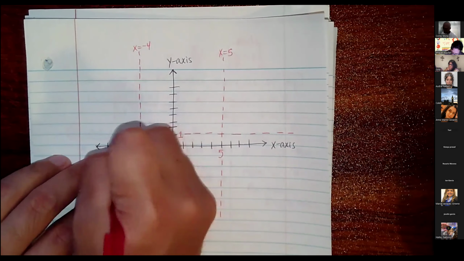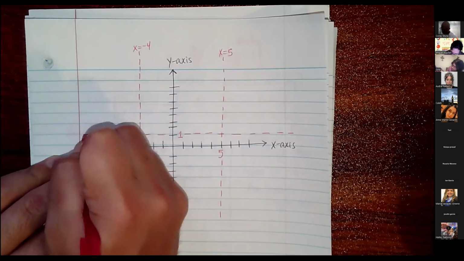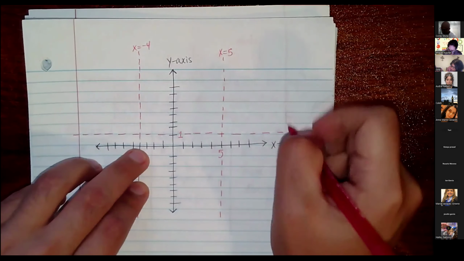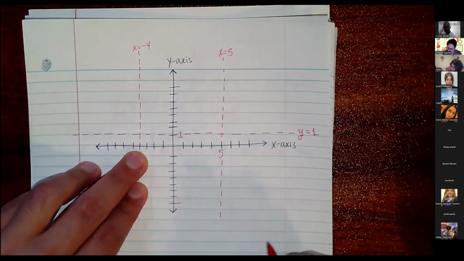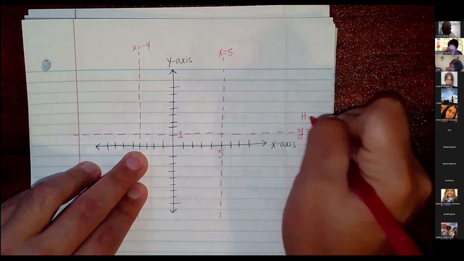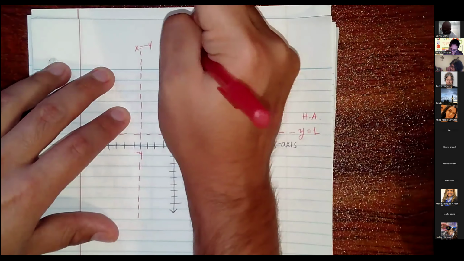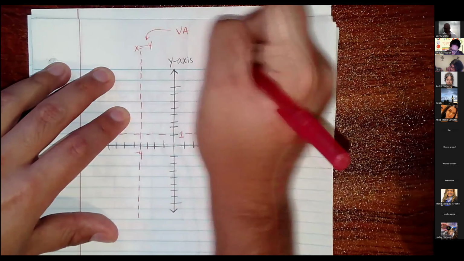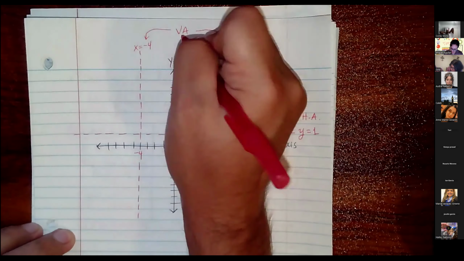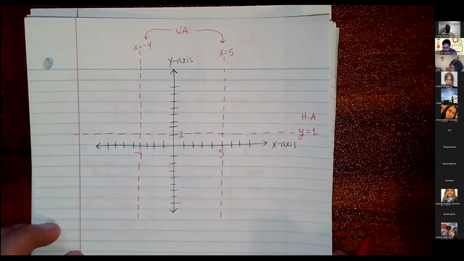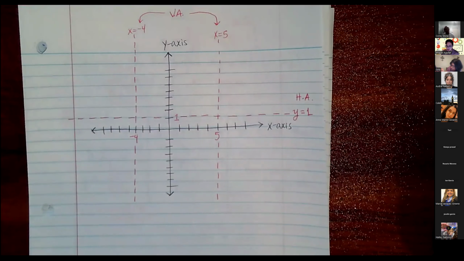And this is going to be another sort of boundary for my graph. That's the horizontal asymptote y equals 1. Okay, so this is my horizontal asymptote, and these are my vertical asymptotes over here. Are you guys okay with this graph that we're slowly building up to?